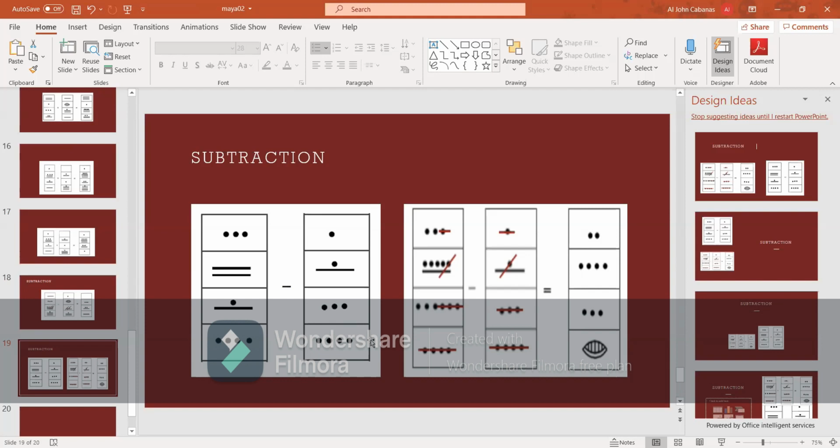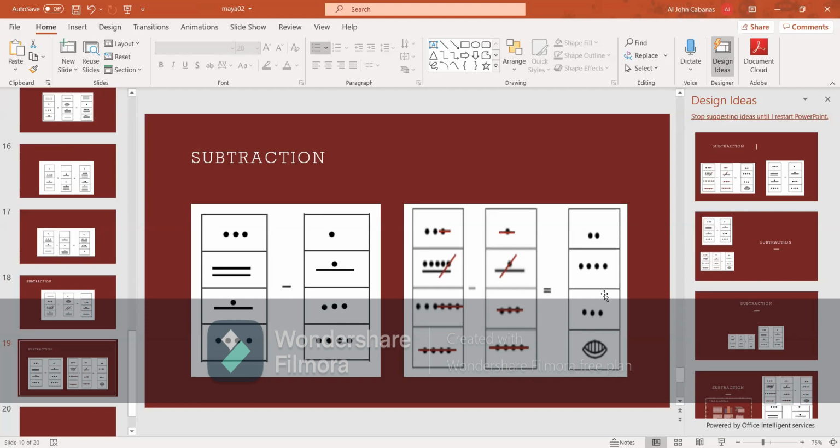So for this step naman, we will convert first this figure into dots, okay? Di ba sabi natin kanina yung isang bar that's equivalent to 5 dots, di ba? So 5 dots plus 1 dot is also 6 dots. And then we have here 3 dots. So cancel natin ang 3 dots. So that's equivalent to 3.